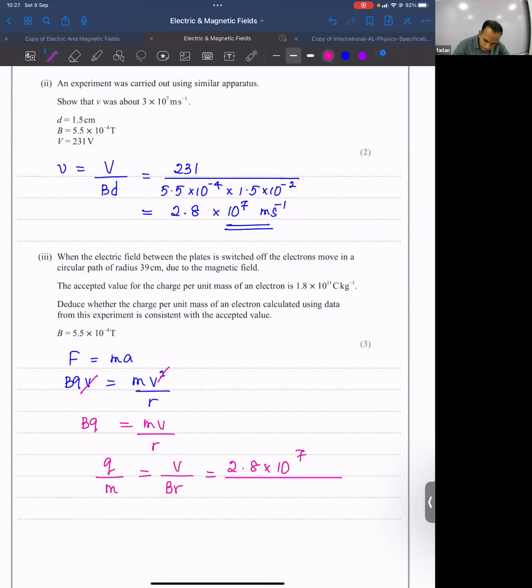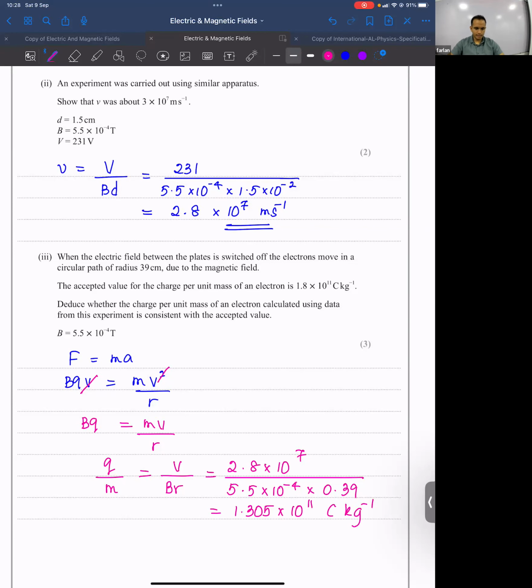B is 5.5 into 10 to the power minus 4. The r is 39 centimeters, which is 0.39. Which is 1.305 into 10 to the power 11 coulombs per kilogram.